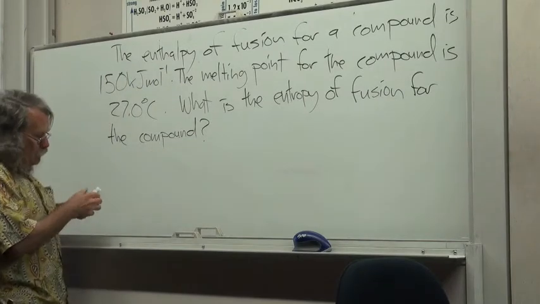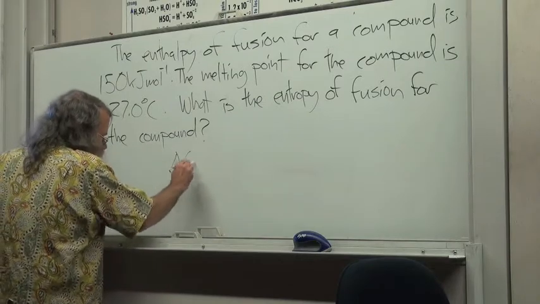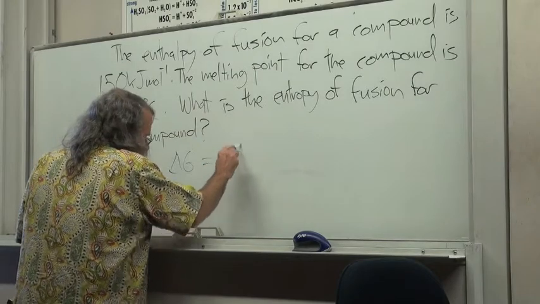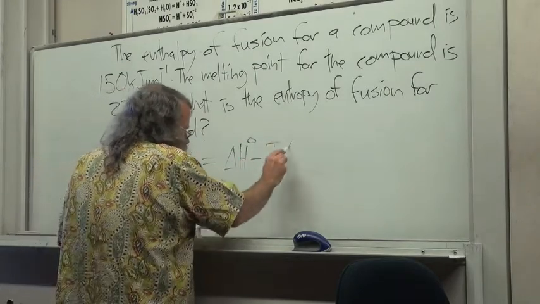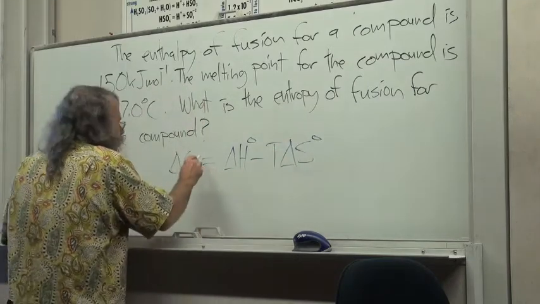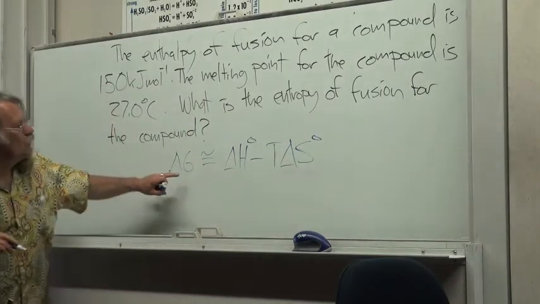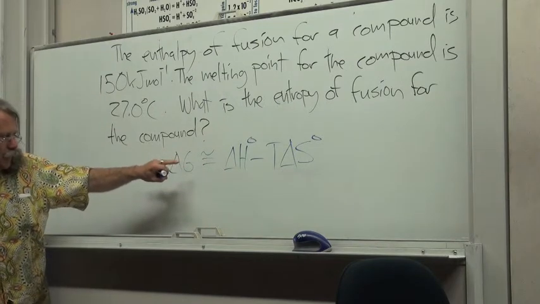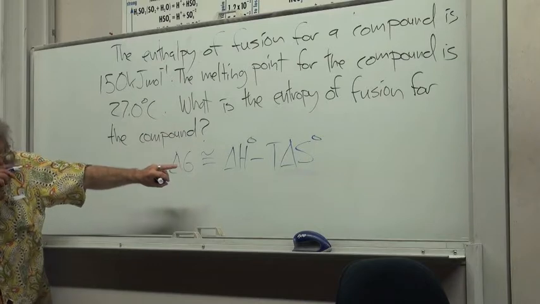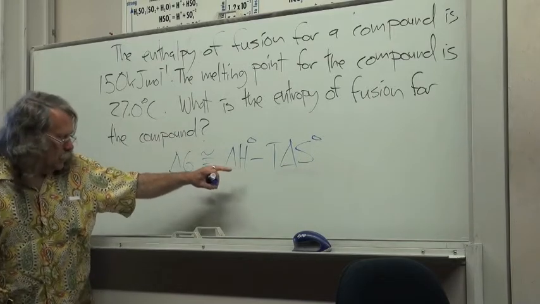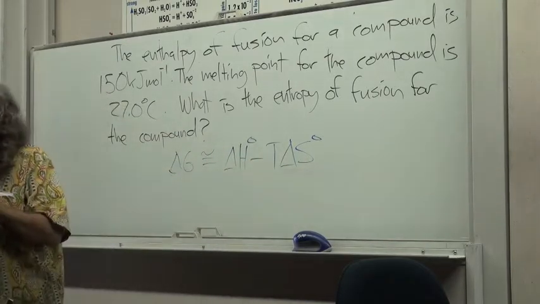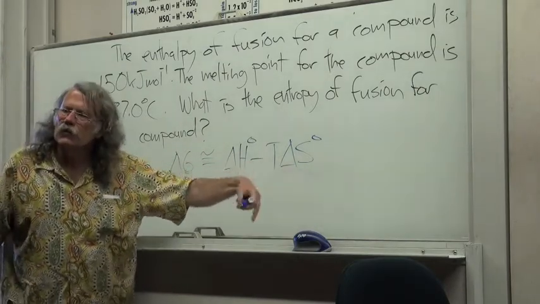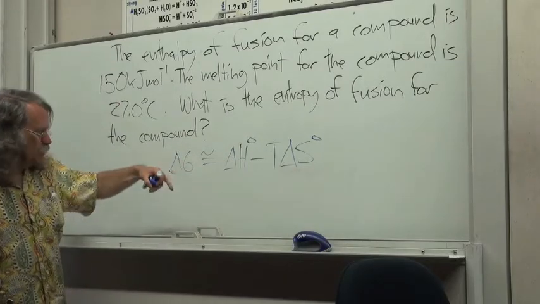This is on scratch paper before we answer the question. Delta G is approximately equal to delta H naught minus T delta S naught, and the reason being that under non-standard conditions, the enthalpy and the entropy usually don't vary significantly over a temperature range, and we can take advantage of that over the temperature range in question.